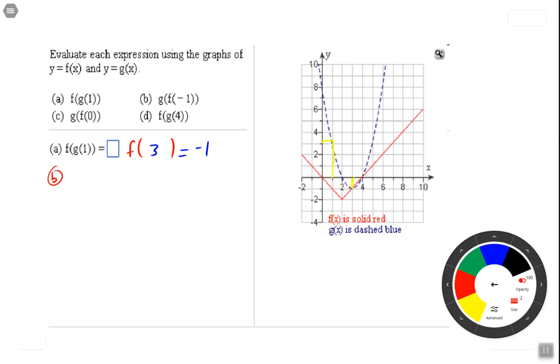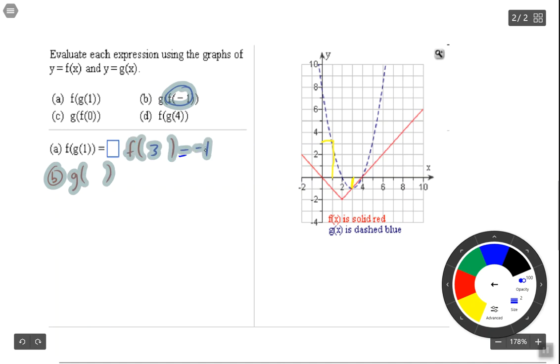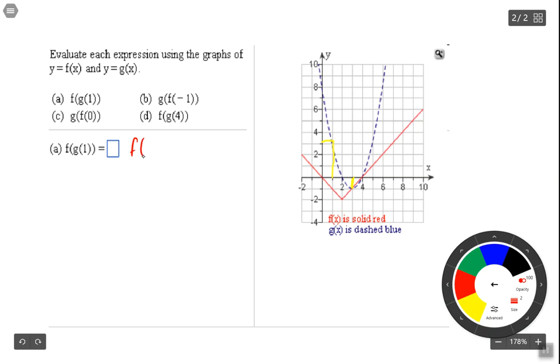So I want G. G's my outer one. And I need the F of -1. Let's color code this different. Let me color code it to match the graphs. How's that? Would that help? Anyway, F was the red one and G was the blue one. So where did we get for that? We got to 3, right?